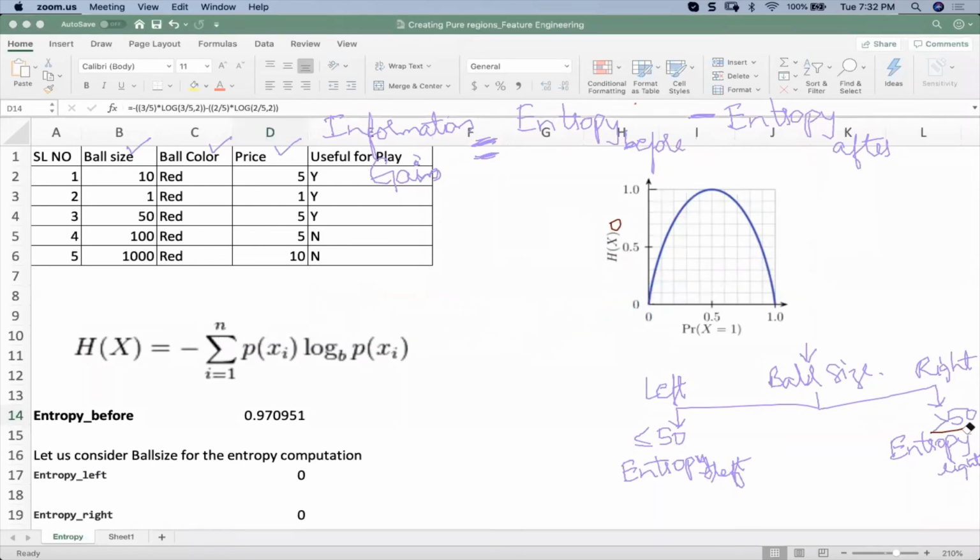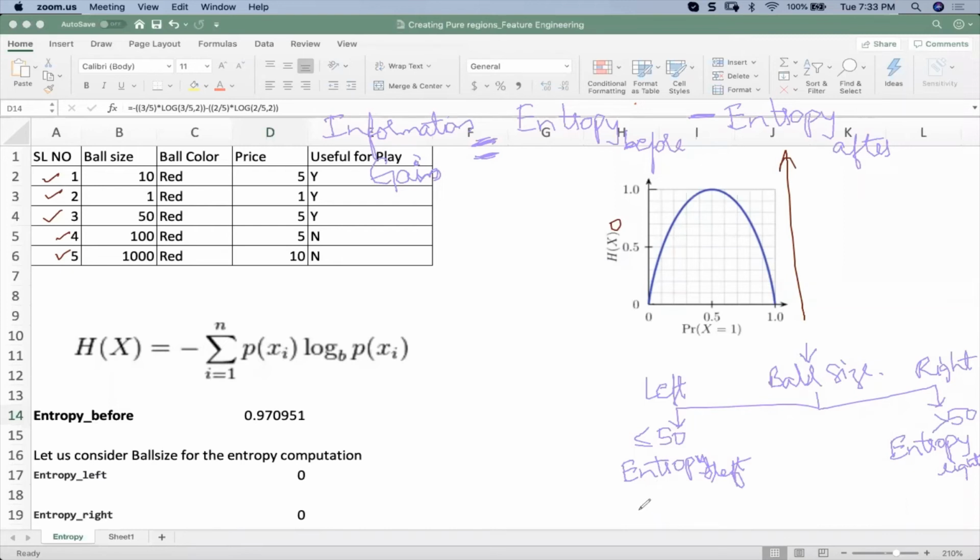Or the incorrect thing here, we should not be adding directly. The reason being, when you looked at the left side, there were 3 rows, 3 items, and on the right side there were 2. So it's kind of imbalanced. Hence, you take the weighted sum of these two to get entropy after.